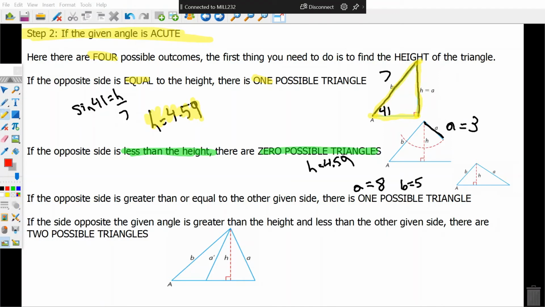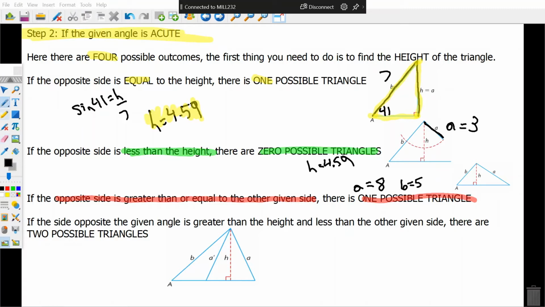If the opposite side is greater than or equal to the other given side, there's one possible triangle. Okay? And it would look something like this, right? Because side A is longer than side B, it's just going to make a big triangle like that, okay?